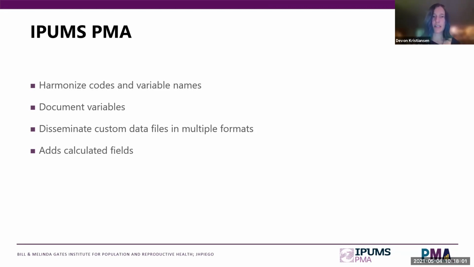We also create some calculated fields to help you with comparative research. And all of the work that we do allows you to create a custom data file in various formats. So you can read it into R, Stata, SPSS, and SAS. You can download it as CSV. And the reason why it's really powerful to have a custom data file is that you only choose the variables and samples that you need.